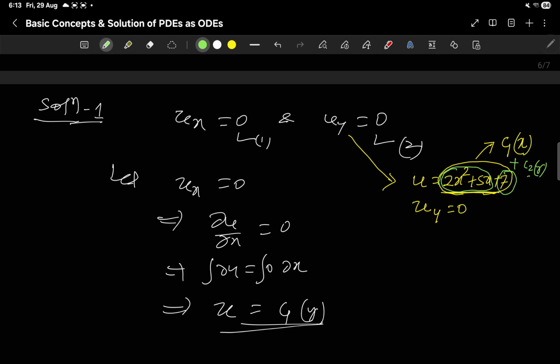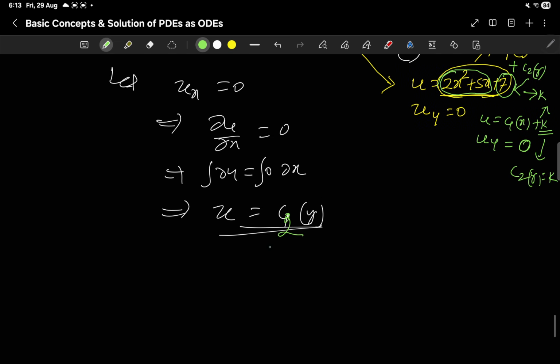So what is my c2(y)? c2(y) is 7, which means it is a pure constant, right? If I write u is equal to c1(x) plus k, then u_y is equal to 0 here. So what will happen to this c2(y) term? If I write c2(y), then c2(y) is my constant. So this c2(y) is my constant only. In view of this, u is equal to k. So therefore u is equal to k only, okay?